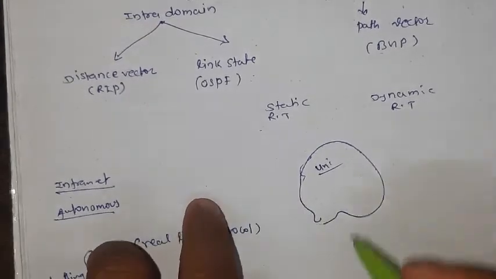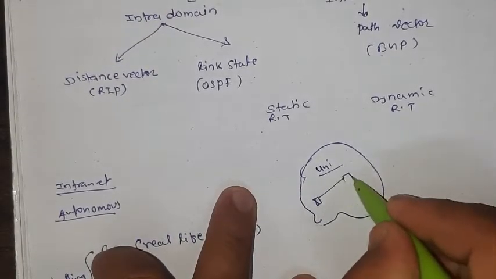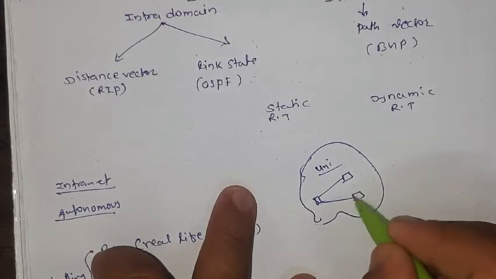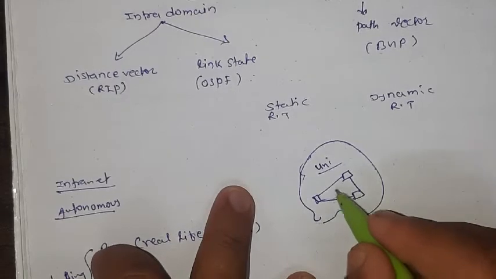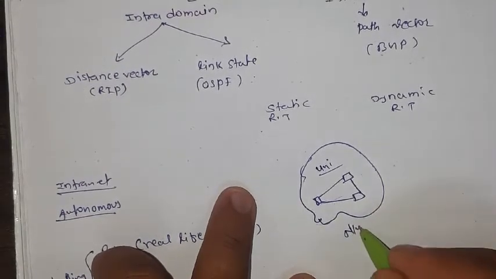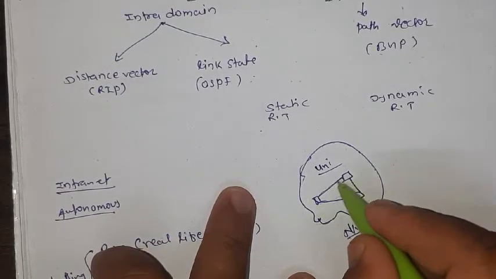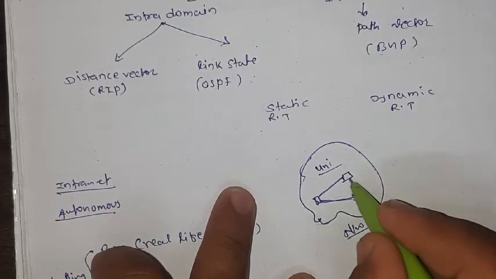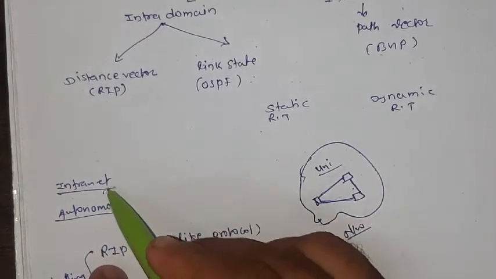Here in a university, suppose there are three routers which are internally connected to each other. This is a network of a university, and the sharing of information between these routers is called intranet.